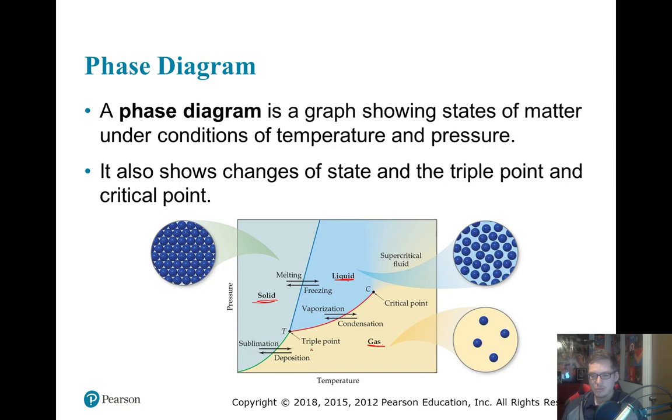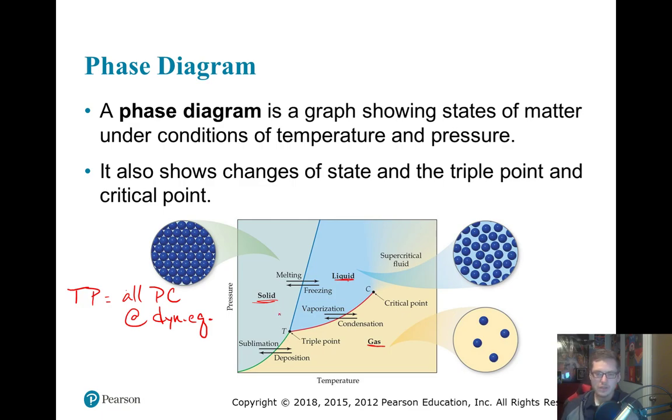A couple other good important points. The triple point here, triple point is when all phase changes are at dynamic equilibrium. So right here, this is the triple point. All phase changes are at dynamic equilibrium. That means we have solid turning into gas, solid turning into liquid, liquid turning into solid, gas turning into solid, liquid to gas, gas to liquid, all equally happening at the same rate.